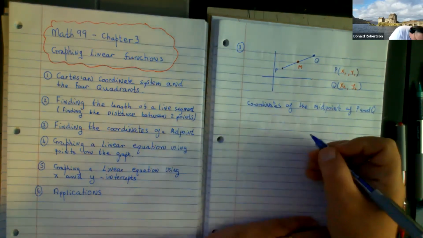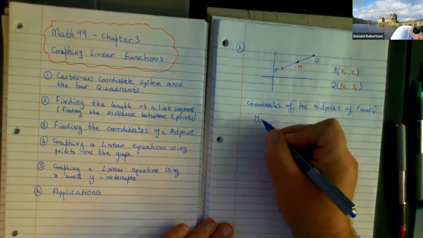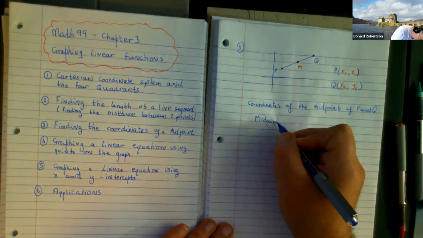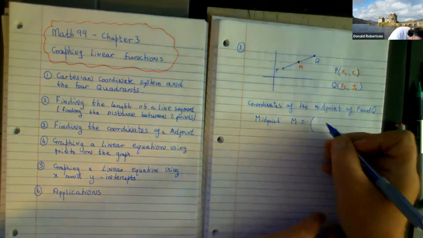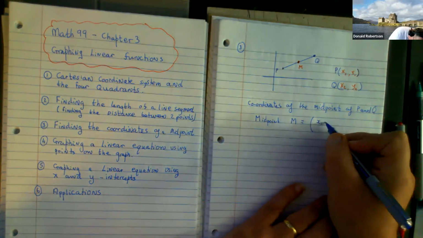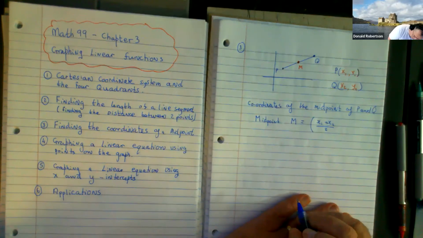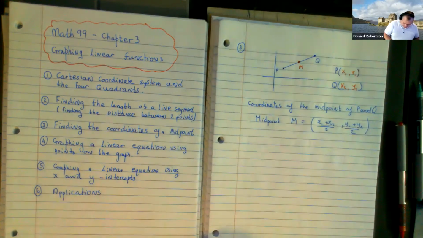Then the coordinates of the midpoint, let's call that guy M. You get it by adding the 2 x coordinates together and halving them, essentially getting their average, and adding the 2 y coordinates together and halving it, right, getting their average.